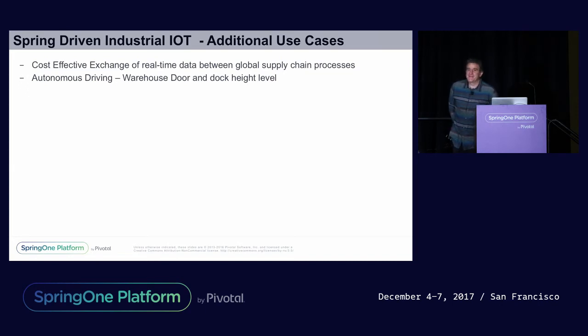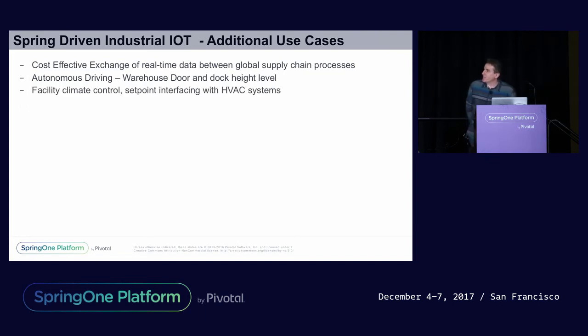So picture, if you will, the autonomous truck pulling up to a potentially autonomous warehouse where they do the assembly. We can use something very similar to these types of components to make sure that the truck goes to the right dock. The door opens to the right level to match the back of the truck. The level of the dock height matches the back of the truck for the delivery. All that being done through sensors and controllers just like this.